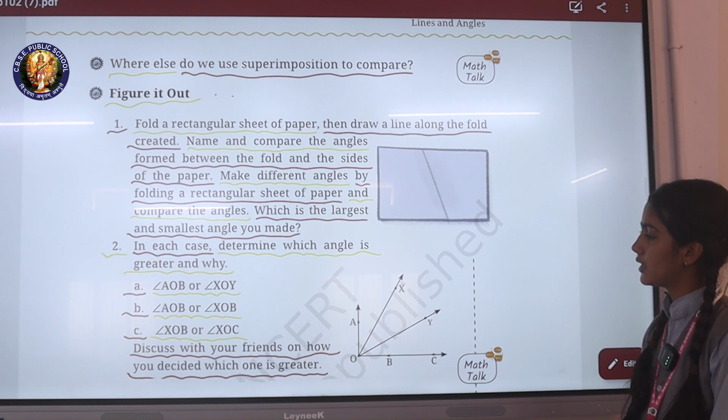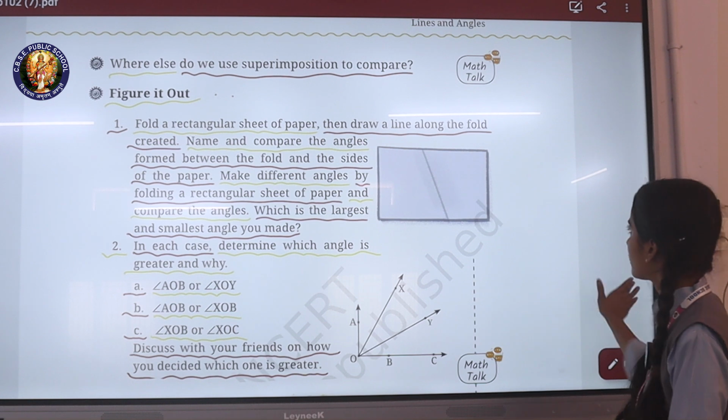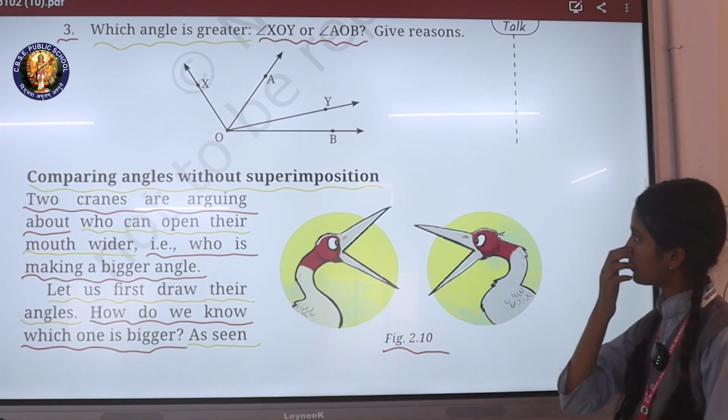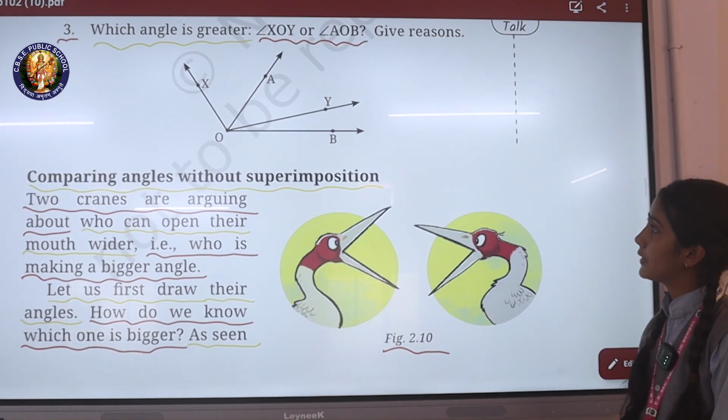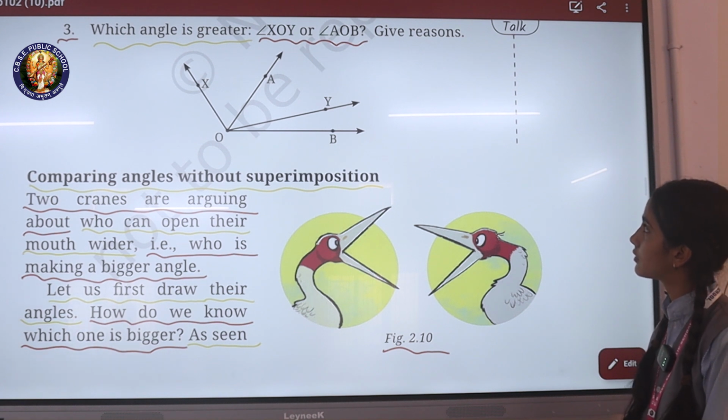Discuss with your friends how you decided which one is greater. Number 3. Which angle is greater, angle XOY or angle AOB? Give reason.